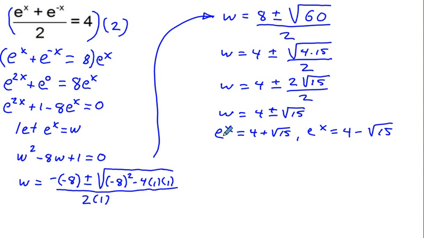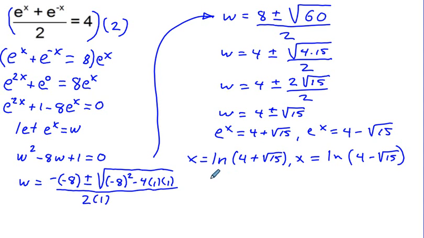The base e to the x, we can make that a logarithm, which is log base e, the natural logarithm of 4 plus square root of 15 is equal to x, and also we have x by the same procedure is equal to the natural logarithm of 4 minus square root of 15.